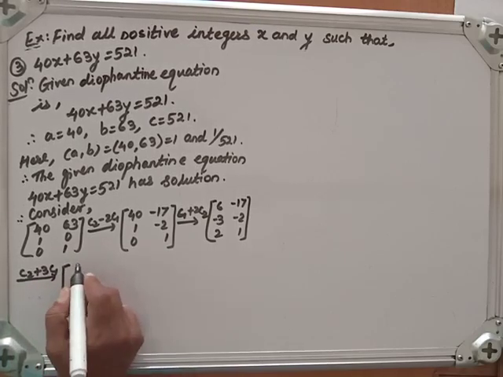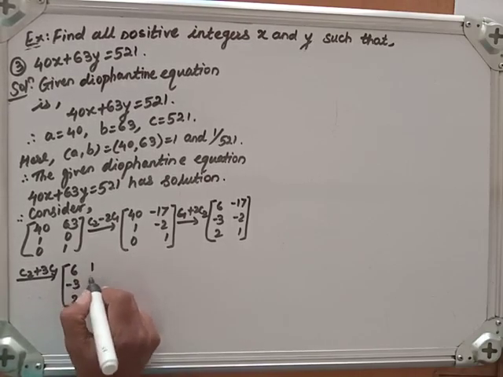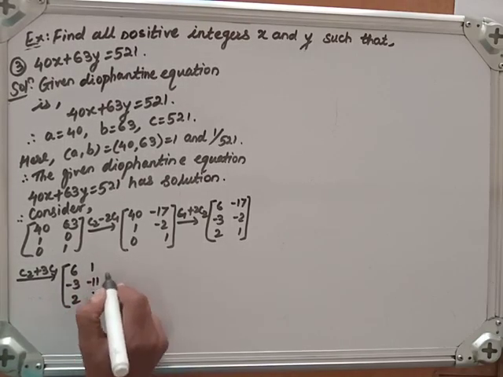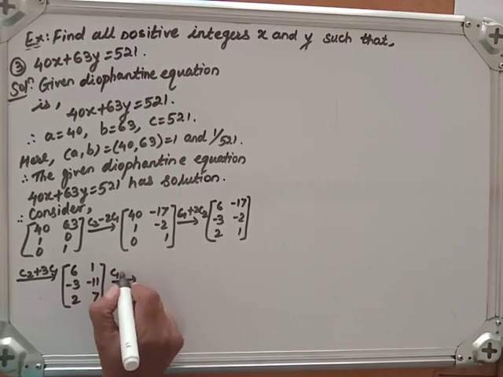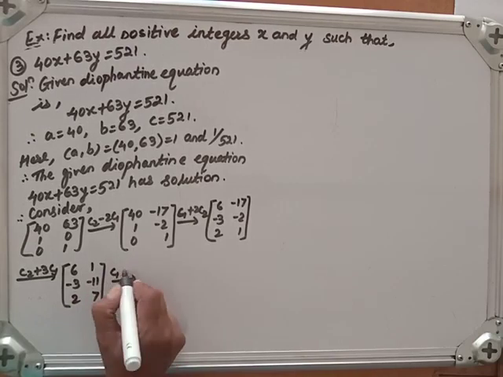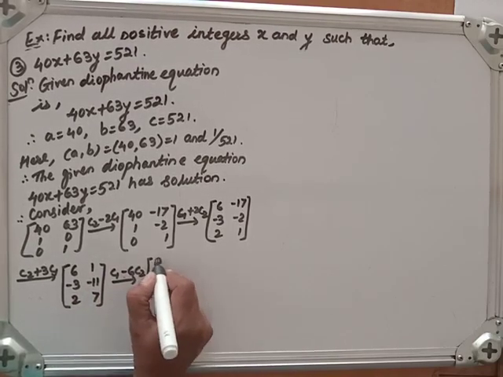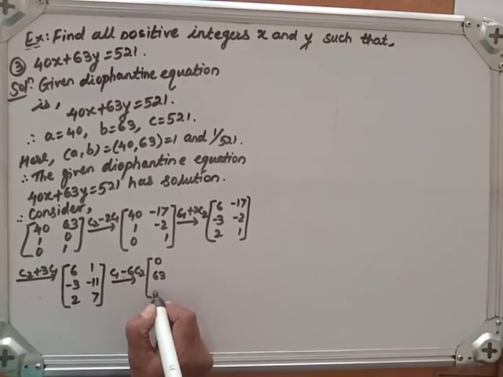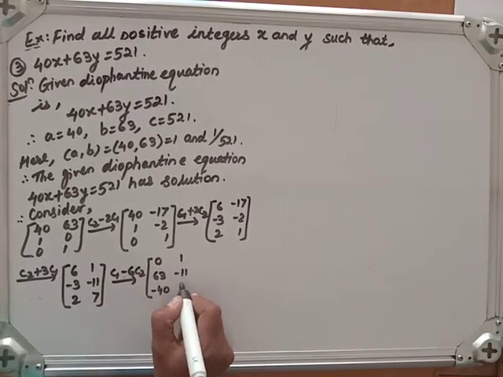Then this will be 6, minus 3, 2 as it is. This is 1, minus 11 and 7. Then C1 minus 6 C2. So this is 0, 63 and minus 40. This is 1, minus 11 and 7.